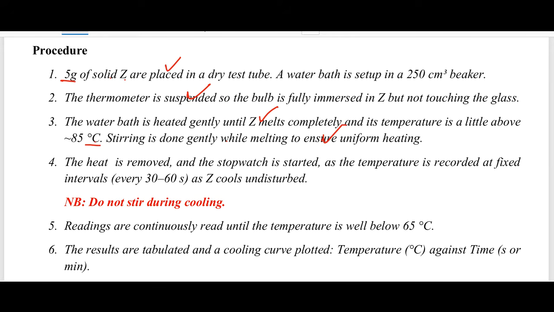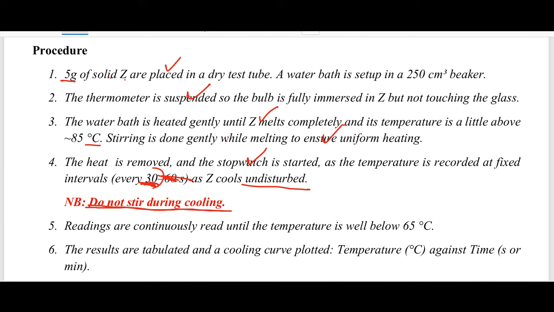Then the heat is removed and the stopwatch is started as the temperature is recorded at fixed intervals, every 30 seconds as Z cools and is stamped. Here we're saying it is stamped, that's why we say do not stir during cooling.